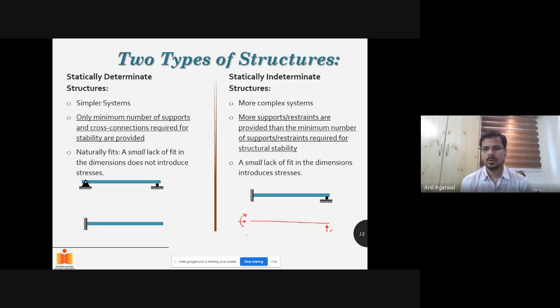Let's see. So what will it look like? It cannot move in the axial direction here. So basically it is this kind of a constraint, and it cannot rotate either. So it is this kind of a constraint. Let me erase it, try it again. So the constraint will be this kind, right?